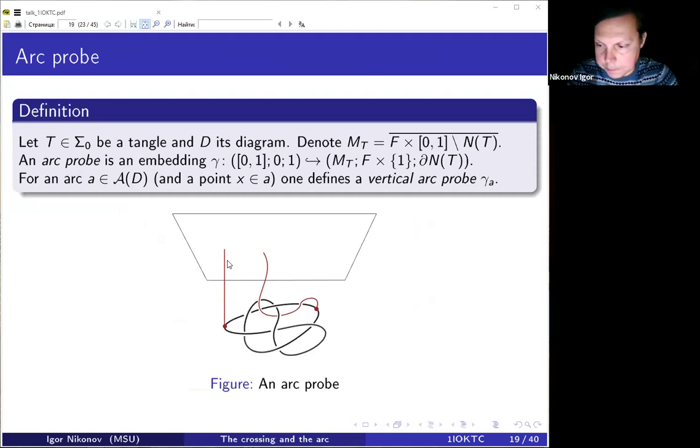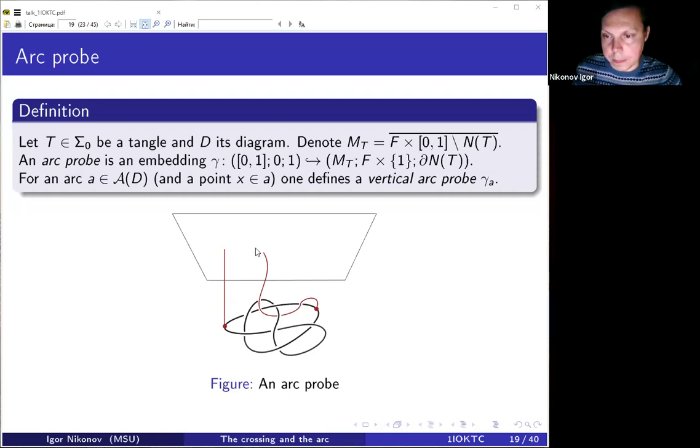So assume we have a tangle in general, and its diagram, its projection, and then we have some arcs on the diagram, and we can construct two for each arc. We can take a point on each arc and connect it vertically with the top boundary of the thickened surface. What we get is called the vertical arc probe of this arc.